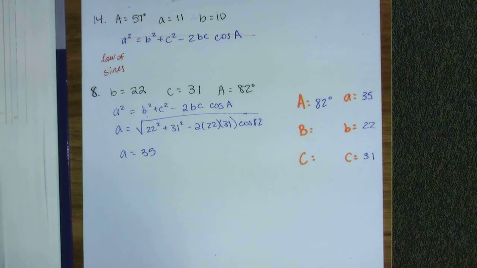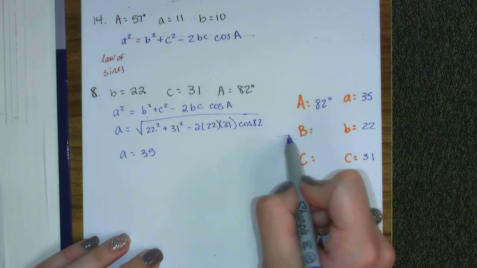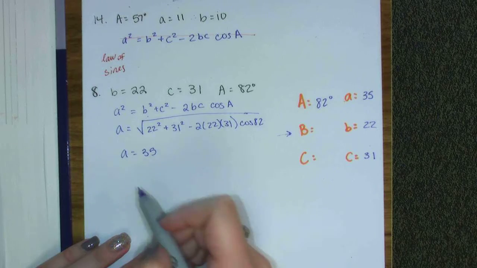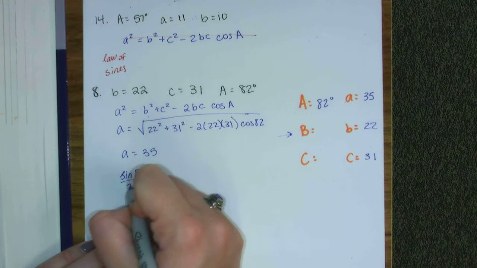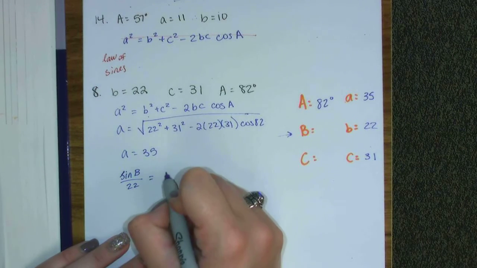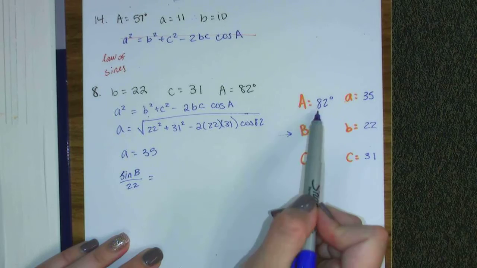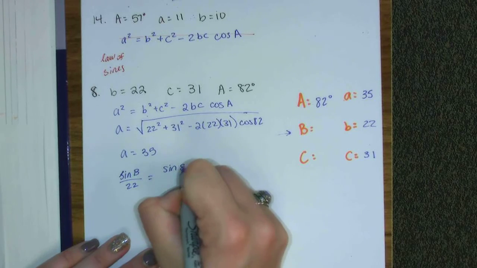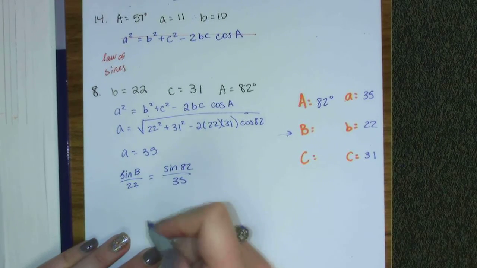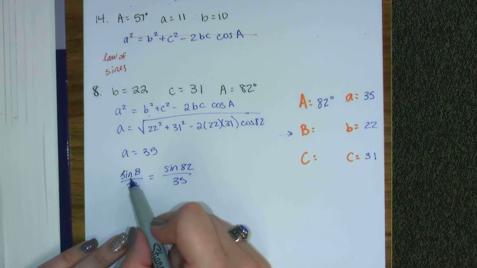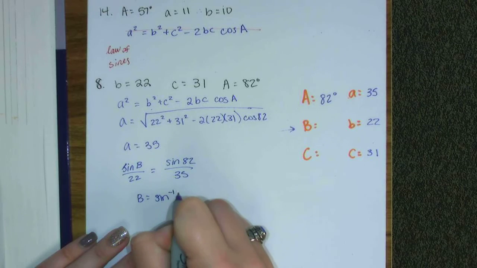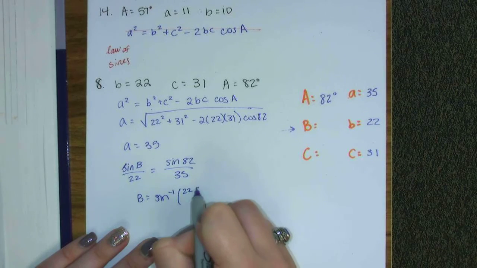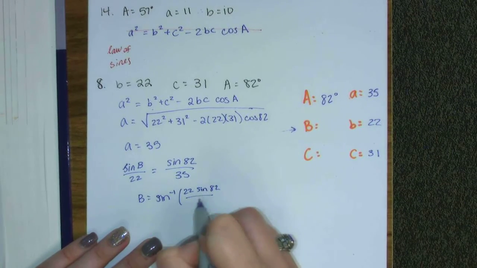Now, looking at this, B is my smallest side, so I'm going to do the law of sines on B. So, sine of B over 22 is equal to sine of 82 over 35. Multiply by 22, take the inverse of this, so B is equal to the arc sine of 22 times the sine of 82 over 35.